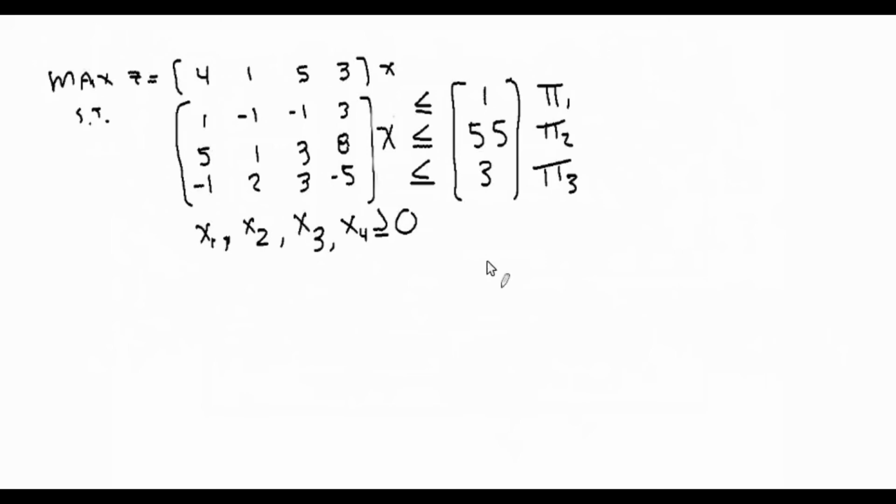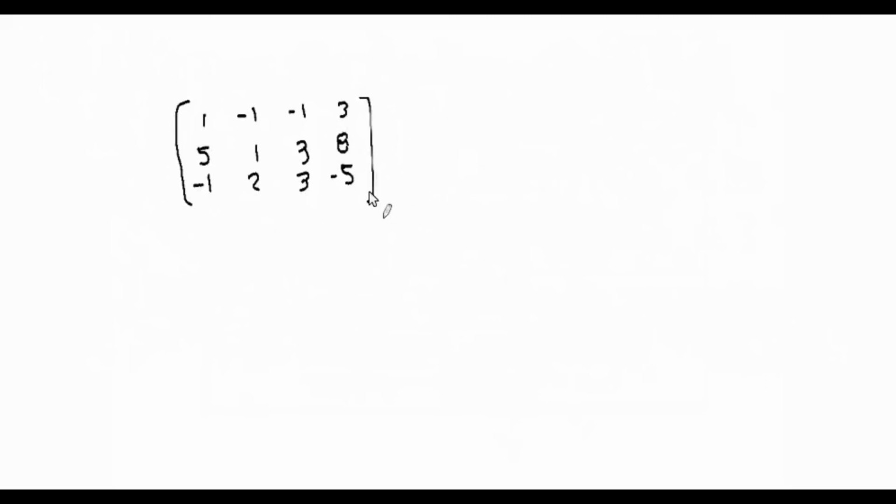So if we go back to our pseudo matrix form that we saw earlier, notice that there's this constraint matrix that holds all the coefficients we're going to need to make our dual constraints. In order to do that, we're going to erase everything other than that matrix. So now we have just the constraint matrix.